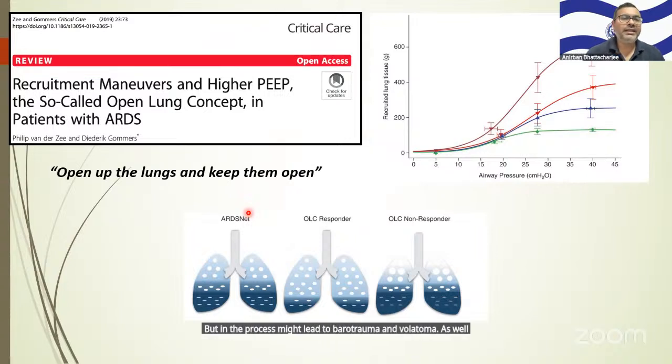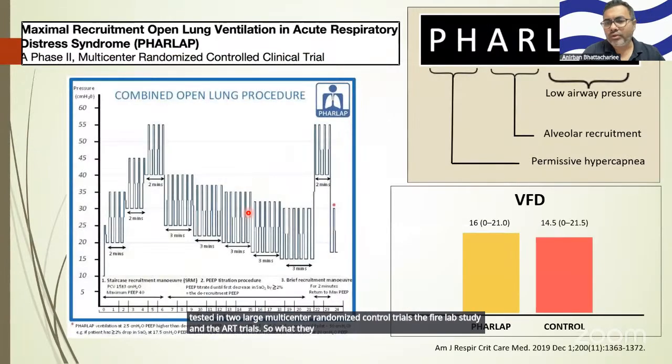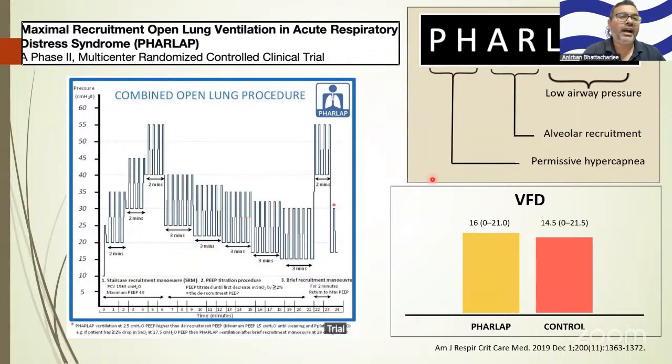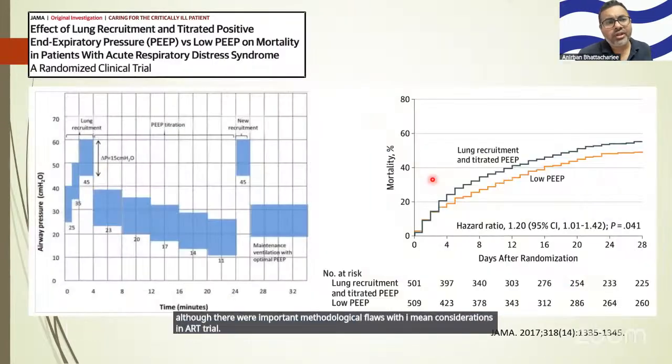So this was tested in two large multicenter randomized controlled trials, the ART and ALVEOLI-like trials, the PHARLAP study and the ART trial. What they found is that in the PHARLAP study there was not much difference, but in the ART trial there was significant harm with the use of recruitment maneuvers. Although there were important methodological flaws in the ART trial, they had exposed the patient to much higher airway pressures than probably was advisable.